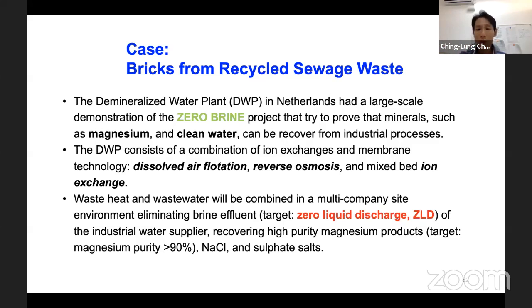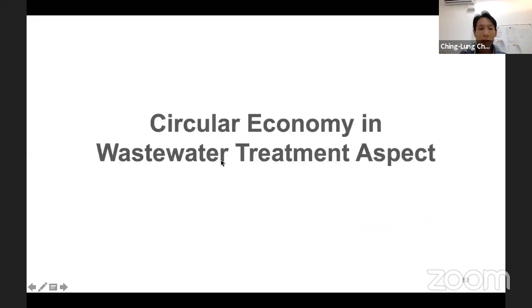We treat the wastewater and recycle it over and over, and the water just keeps circulating in the company. So this is called zero liquid discharge. And then this comes to circular economy in the wastewater treatment aspect.